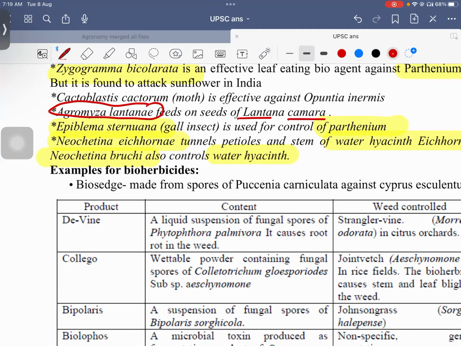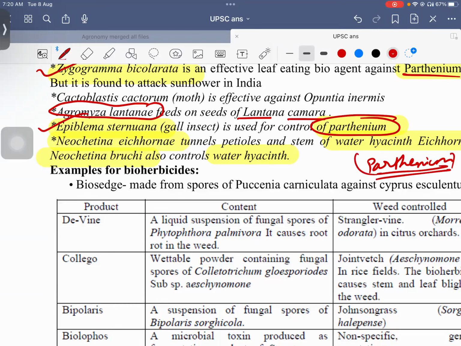Some important things we can remember: Zygogramma bicolorata for Parthenium. Then Epiblema strenuana, which is also for control of Parthenium. I am telling you this because some 2-3 years back you should have seen a question where they directly asked how do you control Parthenium. So first is Zygogramma bicolorata and Epiblema strenuana.